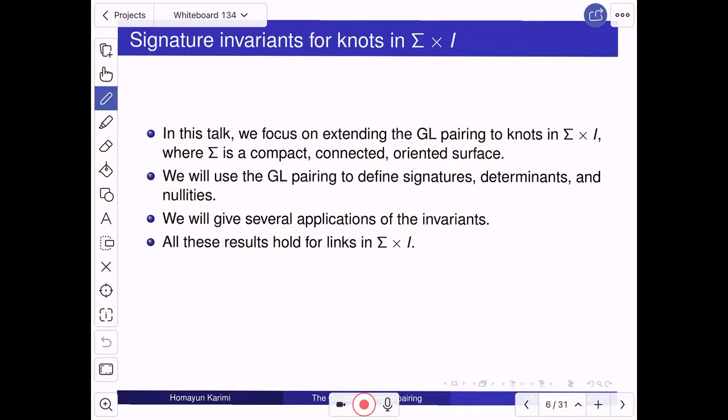After doing that, we will have several applications. All these results hold for links, even if I state them for knots, unless otherwise stated.